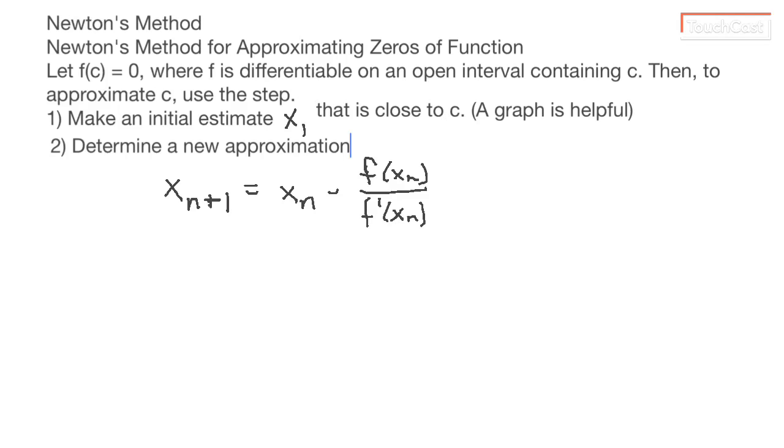Once we've done that, we can move on to the third step.